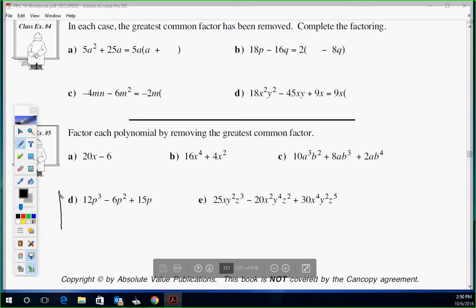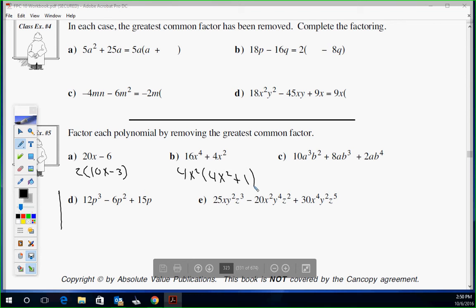So we got 20x minus 6, so what do they have in common? Just a 2. Okay. B, 16x to the 4th plus 4x squared. 4x squared. 4x squared times 4x squared plus 1.